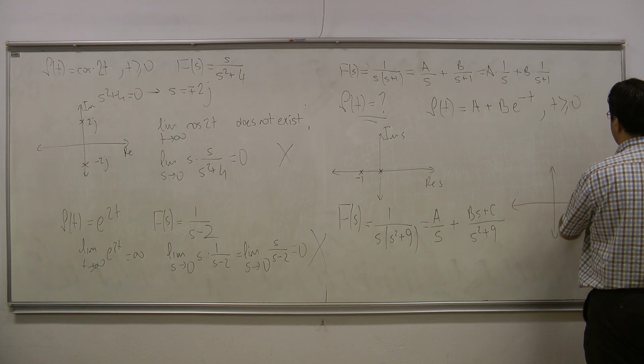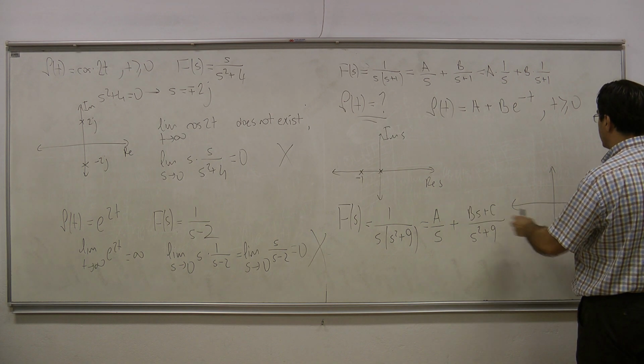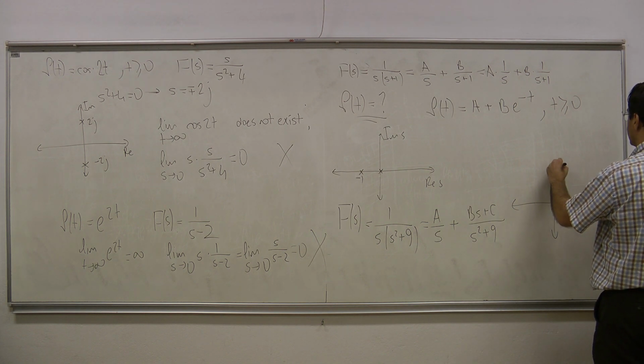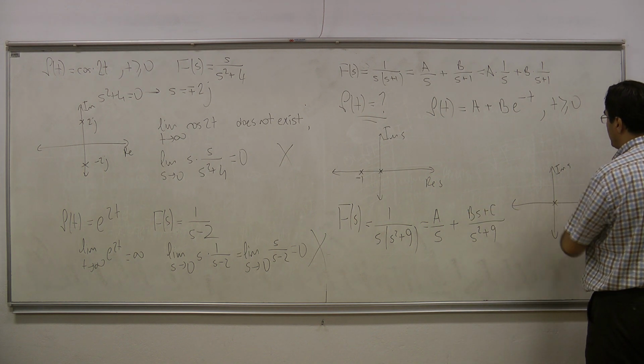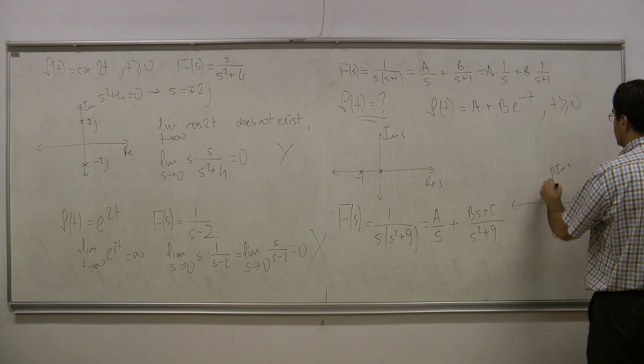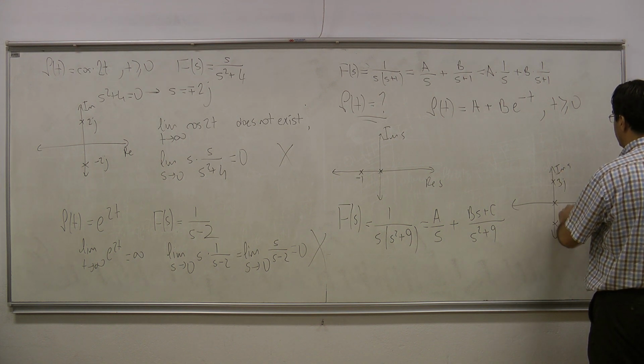Then what is going to be the inverse Laplace transformation? I will be able to say by looking at the poles, imaginary s, real s, where are the poles? One pole is at 0. The other poles are here and here, 3j and minus 3j.